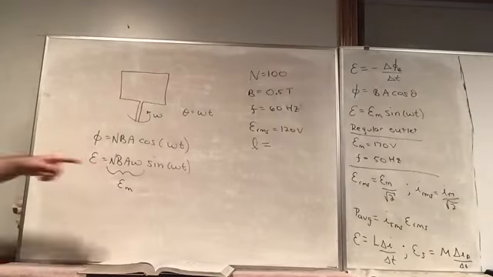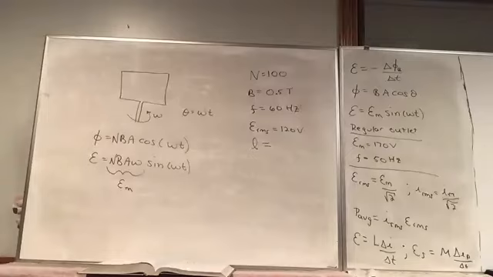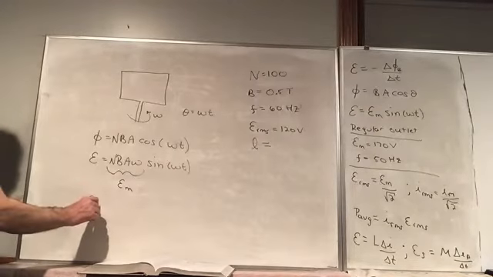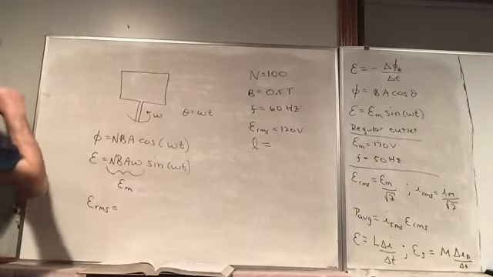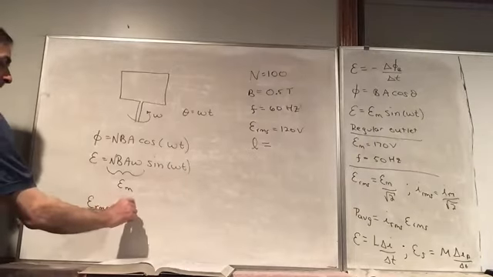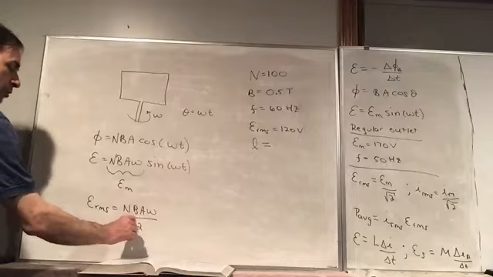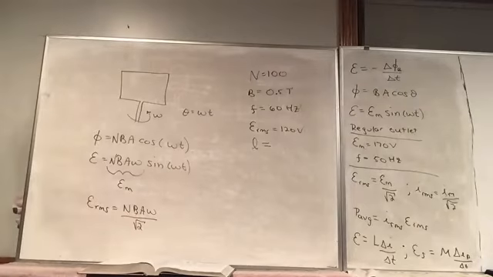So this has to be the maximum value. So the RMS value would be the maximum value divided by the square root of 2. Now we have to do one more thing here.